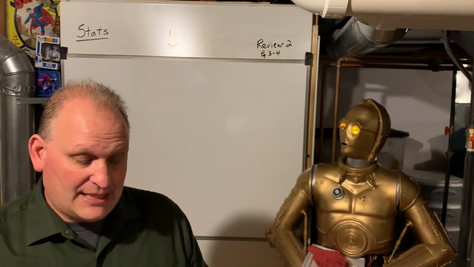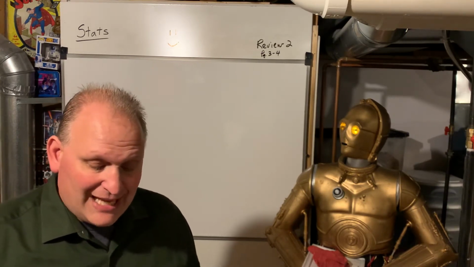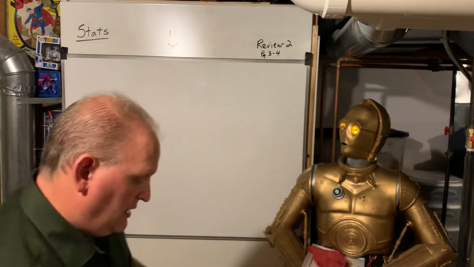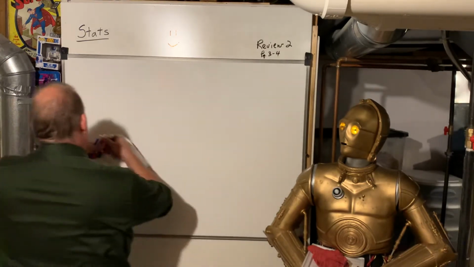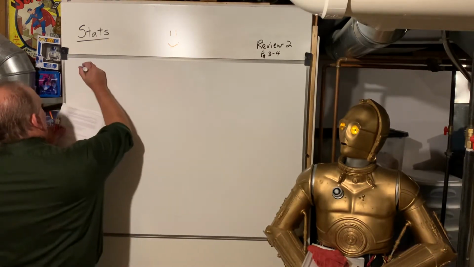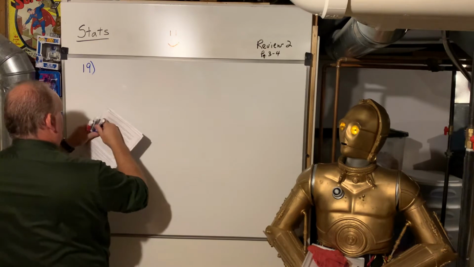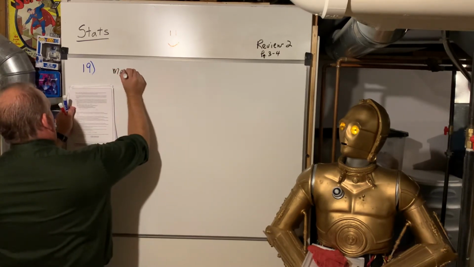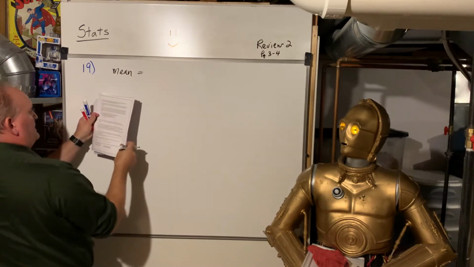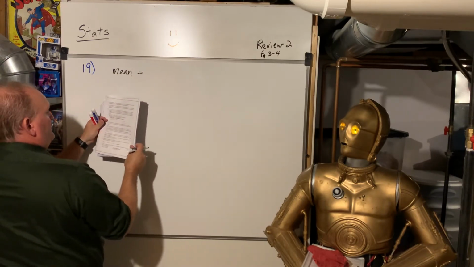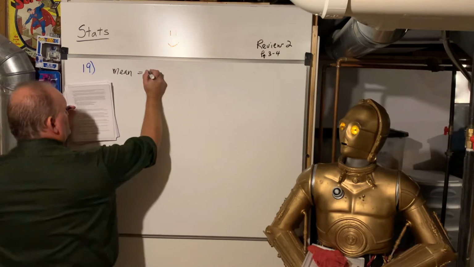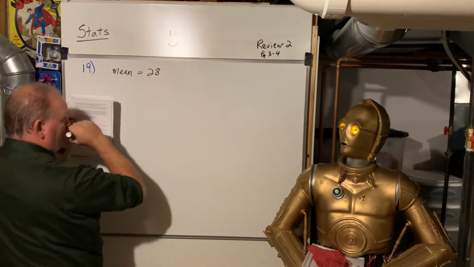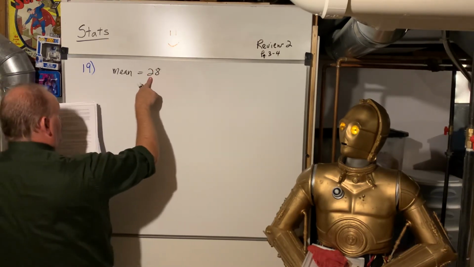So that's not a problem. Standard deviation is a different story. So for number 19, we could say that the mean is whatever mean they say. So mean of 28, the mean stays 28. When we find our z-score, we still use that as a mean.